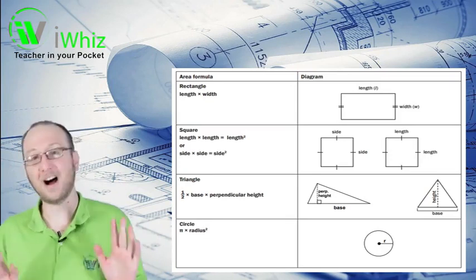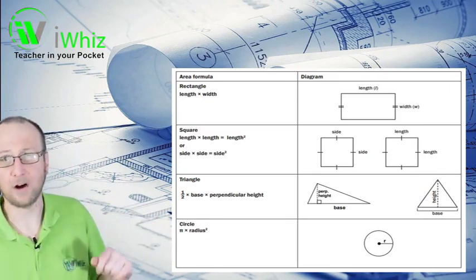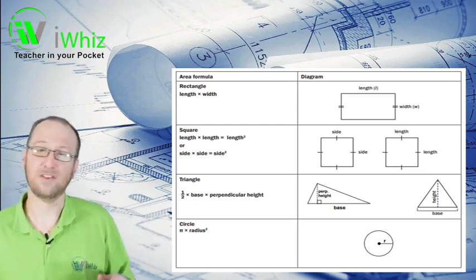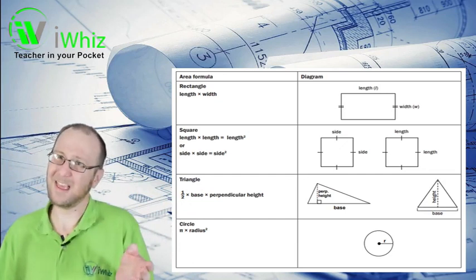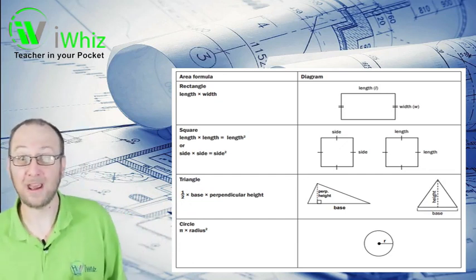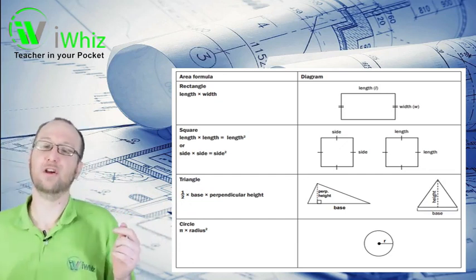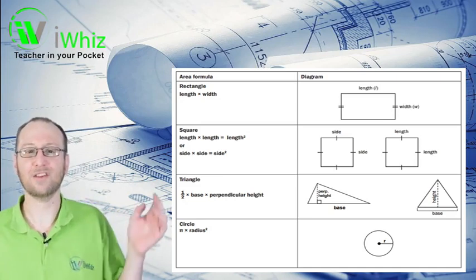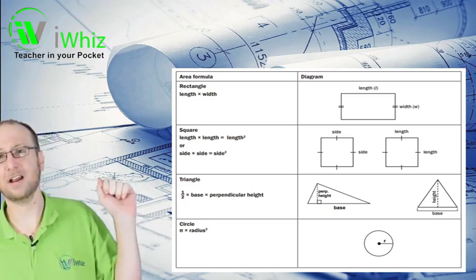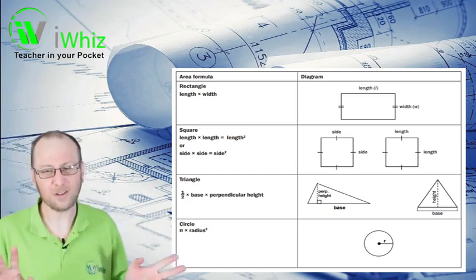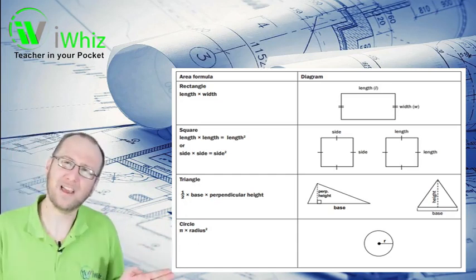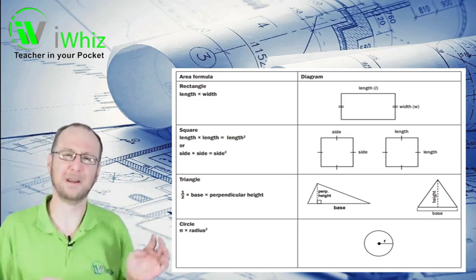To find the area of a square, it's the same as a rectangle, length times width, but because the length and the width are the same in a square, we can just say that the area of a square is the length of the side, squared. A triangle is kind of like a rectangle or a quadrilateral that's been cut in half.